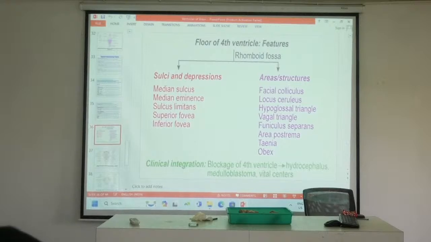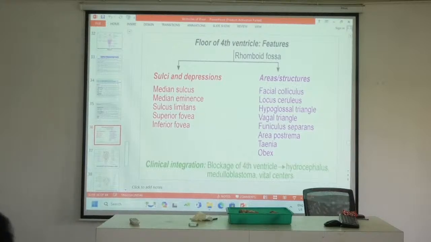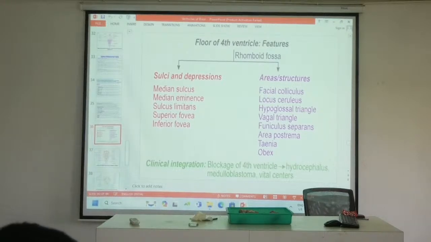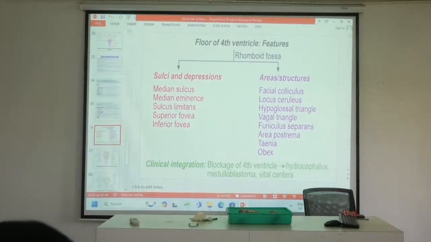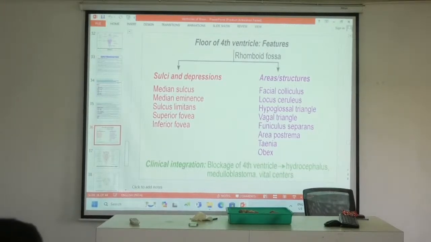Locus ceruleus at the upper end near the superior fovea. Hypoglossal triangle near the lower end. Vagal triangle. Then funiculus separans at the upper end. Area postrema at the lower end. Taenia lining the inferolateral boundary. Obex is the lowermost end.